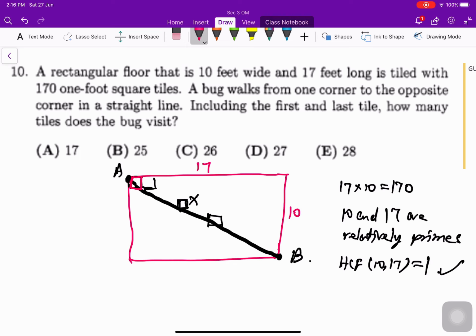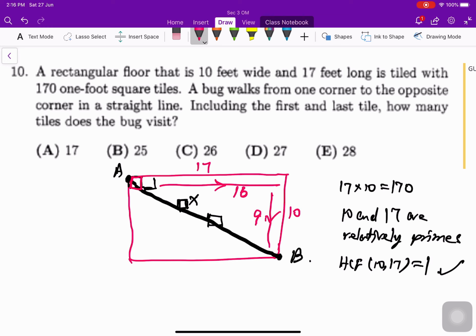That means in this case, it must go through 16 edges in one direction, and then it must go through 9 edges in the other direction, right? Therefore, what is the total number of tiles?